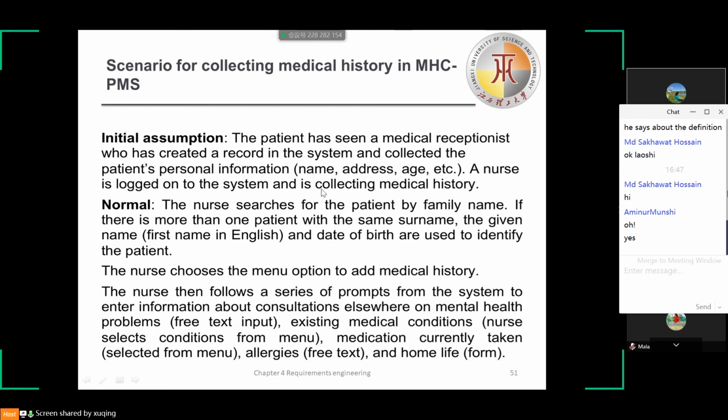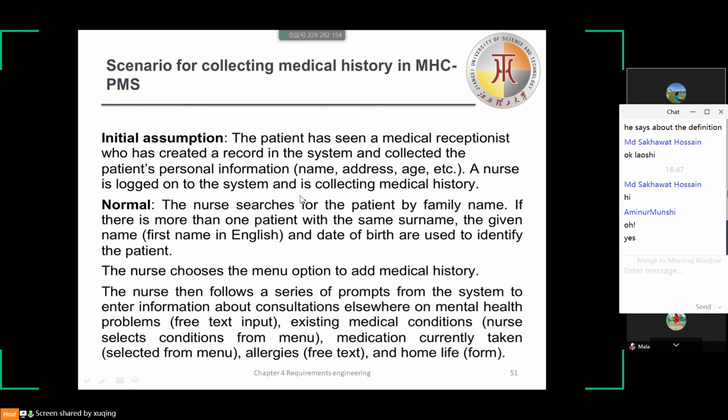Normally scenarios may be written as text like this one, supplemented by diagrams, screenshots, or alternatively a more structured approach such as event scenarios or use cases may also be used. We may have occasion to talk about some other diagrams later.